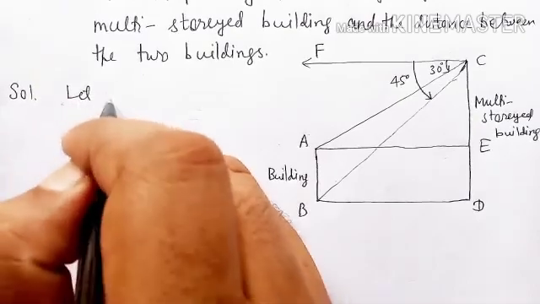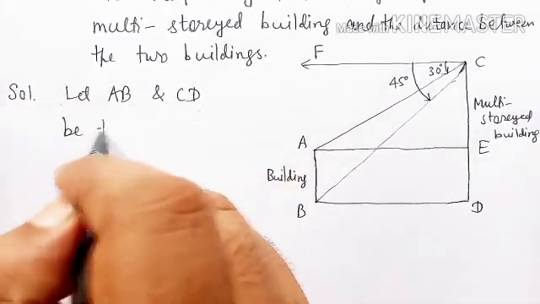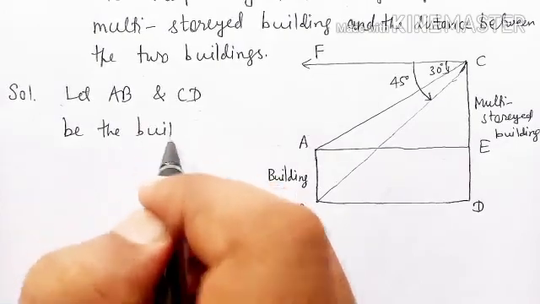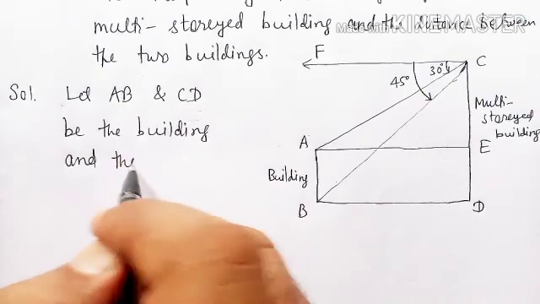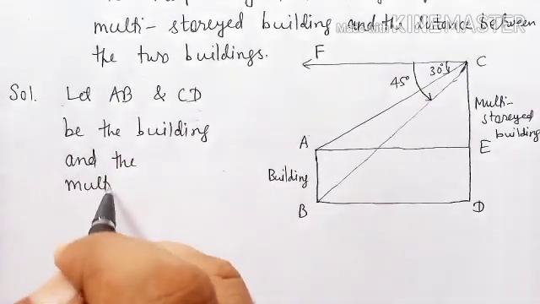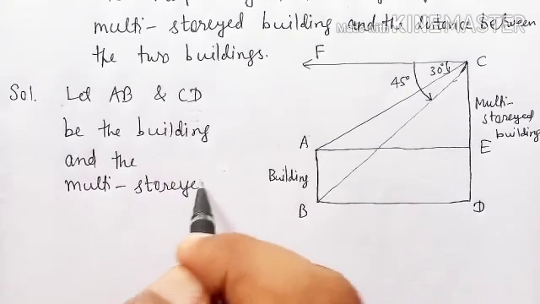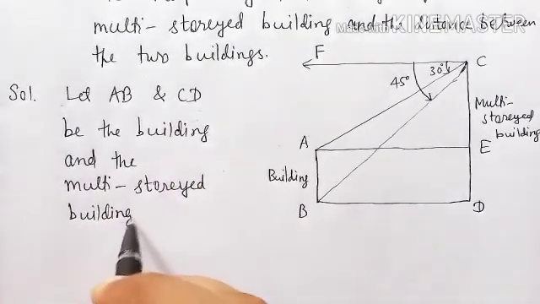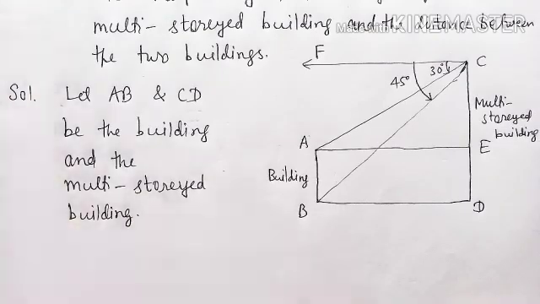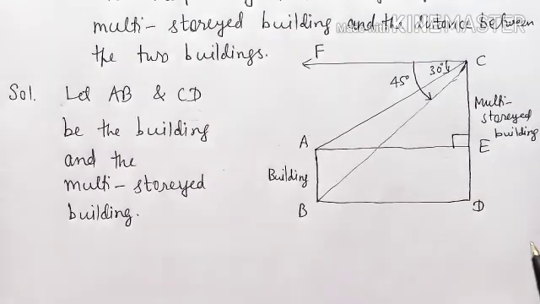Let AB and CD be the building and the multi-storey building. Draw AE perpendicular to CD.